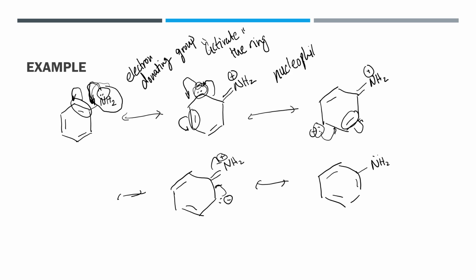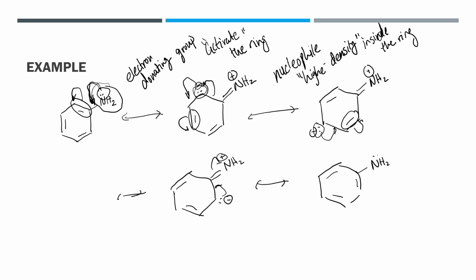We have regions of high electron density inside the ring. And these regions of high electron density want to attack regions of low electron density. There's this sort of charge attraction, right? So when we have high electron density, it wants to attack regions of low electron density and react, right?